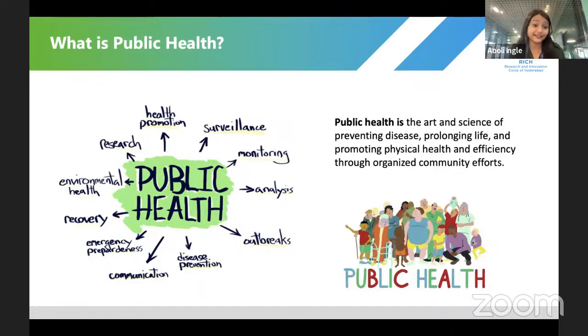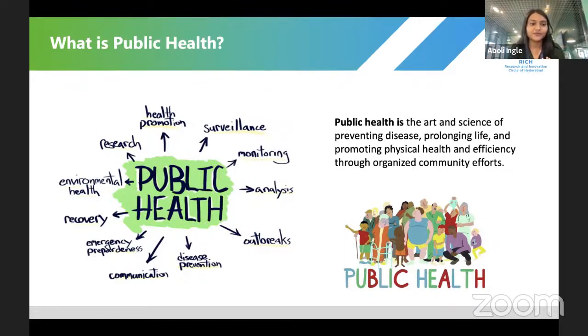This is one great example of disease prevention. And then there comes health promotion, where we try to encourage and support individuals and the community as a whole to adopt a healthy lifestyle and make choices that promote the overall well-being of an individual.